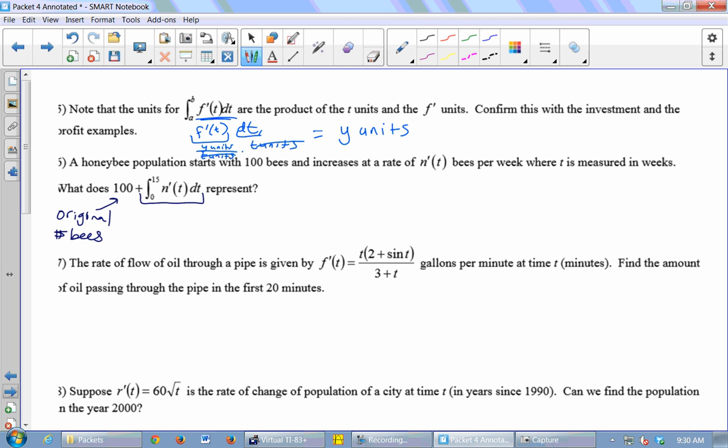And then this integral from 0 to 15 represents the total change in my bee population from week 0 to week 15. So this is growth or decay, depending on what's happening, of the bee population. How much it has grown or shrunk by. So this final thing represents total bees in week 15.